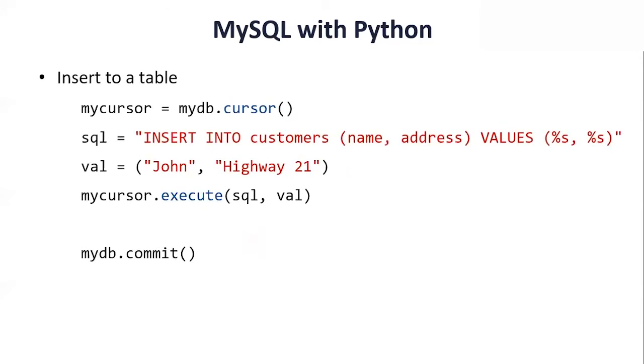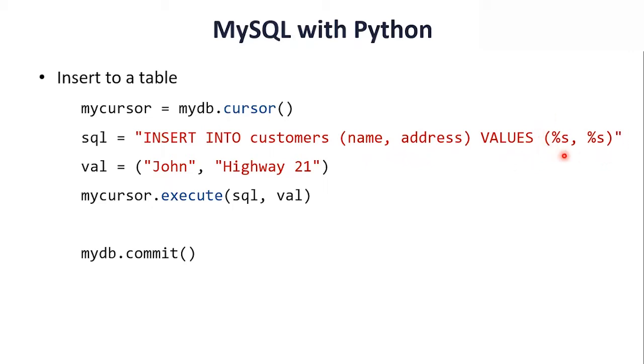And if you want to insert something, again, it is similar. You can use this execute function, but this time you can provide two parameters. The first one with the insert query as a string, and the second one with the values that should be inserted into this query. So our SQL query says insert into customers, name, address, and values.